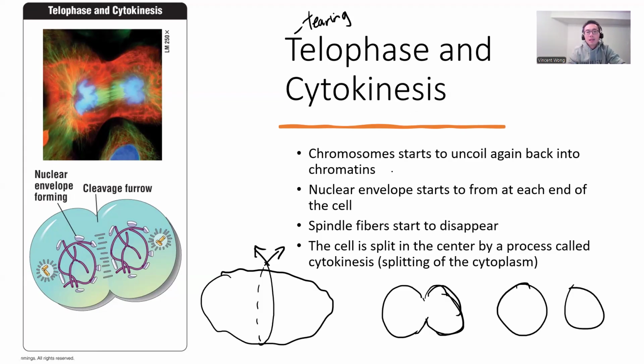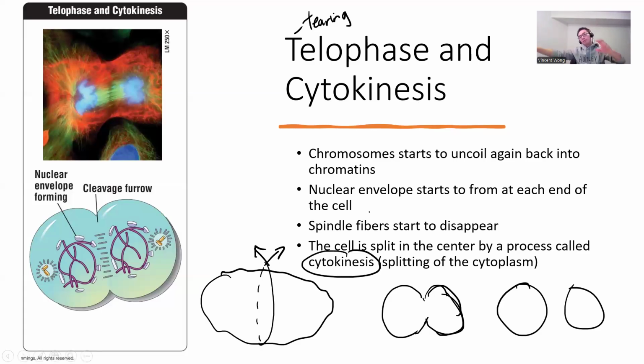Everything is reversed compared to prophase. The chromosomes go back to chromatin, and the nuclear envelope starts to form again. You need to wrap the genetic material back into the nucleus. We no longer need the spindle fibers. And finally, you just split the cytoplasm. That's called cytokinesis.